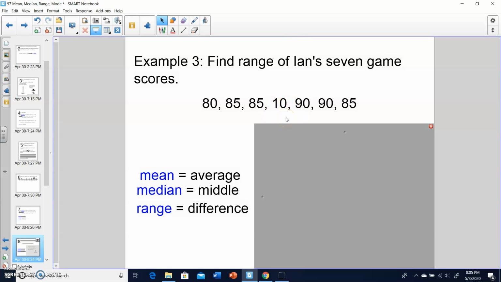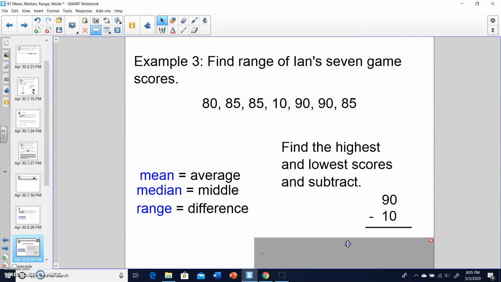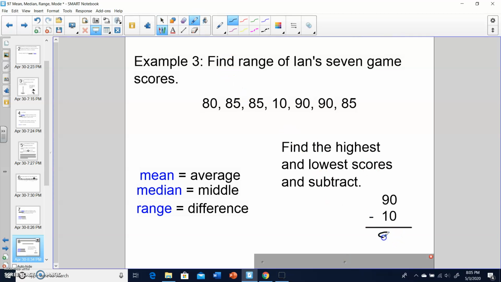So the range would be subtracting those two numbers. So 90 minus 10 is 80. Okay. So remember that his mean was the average, that was 75. The middle number was 85, and now the range is 80.